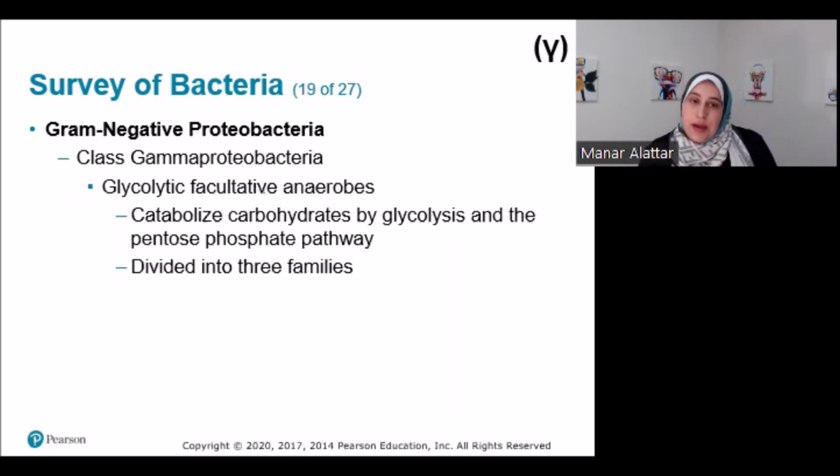Then we have glycolytic facultative anaerobes, and these are essential within the microbiome for a number of reasons. Essentially, the group as a whole tends to be able to break down various types of carbohydrates through glycolysis. And since our digestive tract makes so many of these various carbohydrates as it's breaking down the food that we eat, there are a number of organisms within this category that are part of our microbiome.